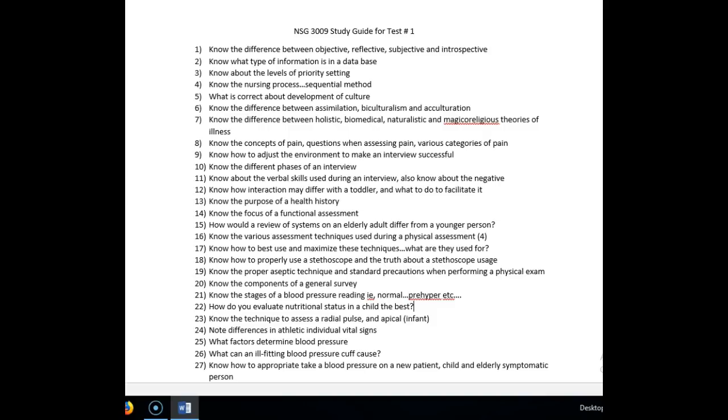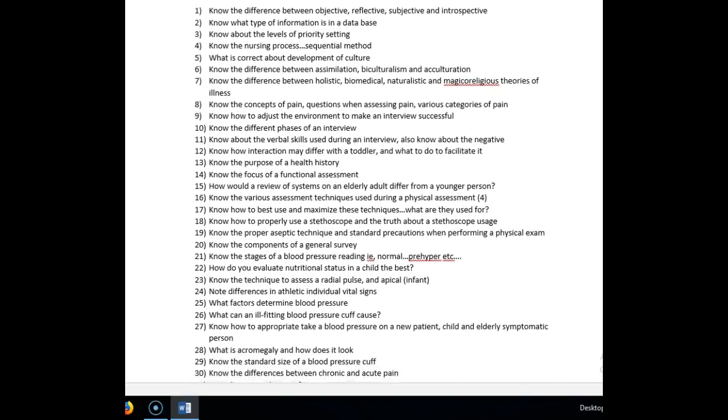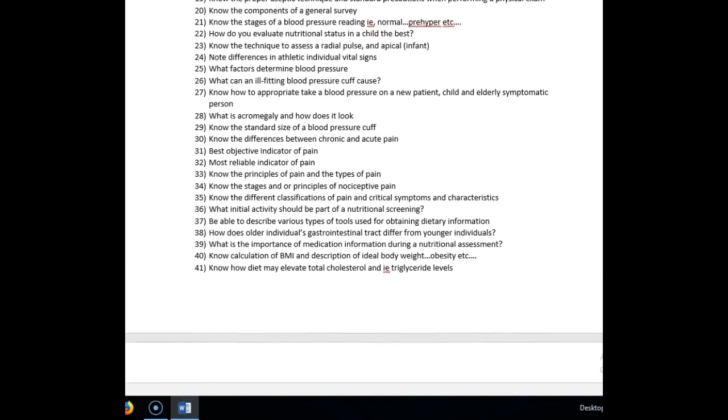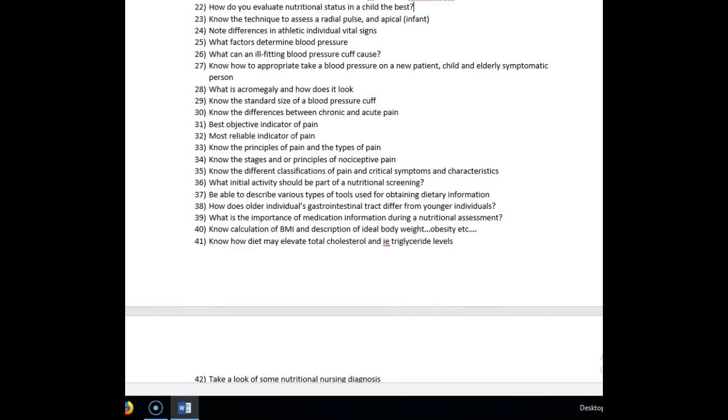Because if the vessel walls are hardened, it'll be harder for the blood to pump through, and that could raise the blood pressure. So you have to think about things that way. And we already discussed ill-fitting blood pressure cuffs, like if it's too little, it reads one way, and if it's too big, it'll be too low.